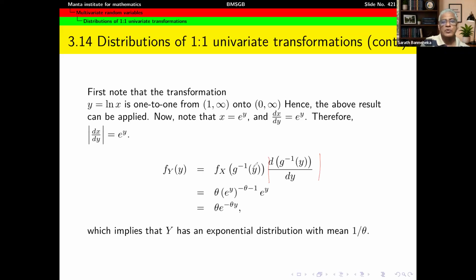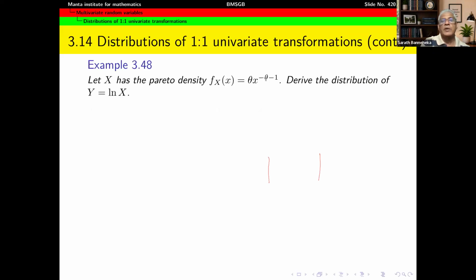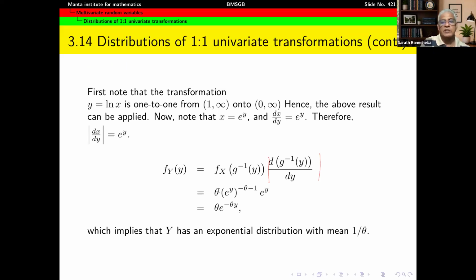So therefore, you have to substitute x equal to e to the power y in the density function to get that. So the density function is theta x to the power negative theta minus 1. So now we have to write down this x as e to the power y. Right. So that's what we have there, theta e to the power y, negative theta negative 1.